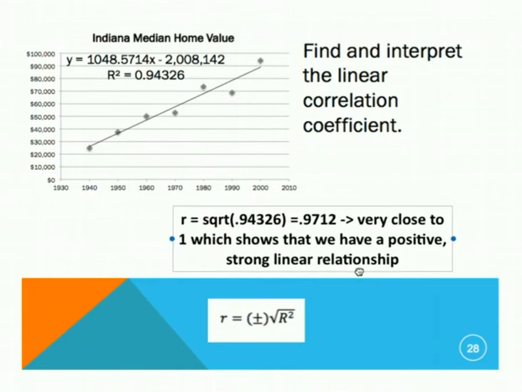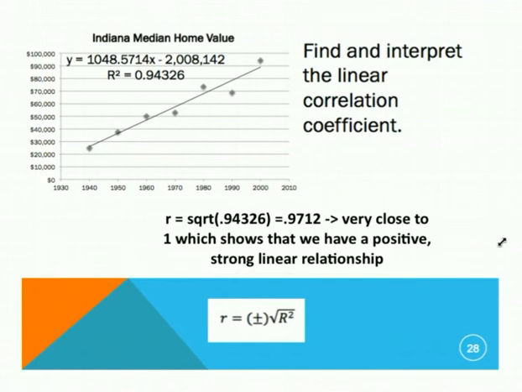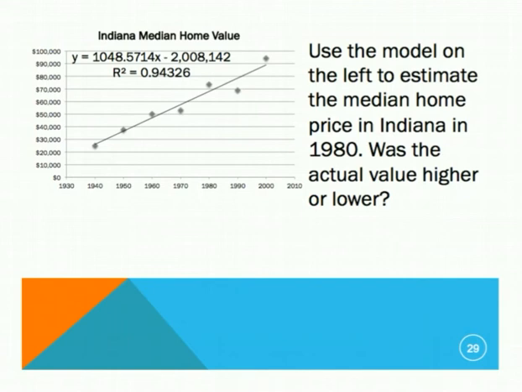So if your value is pretty close to 1, that is going to tell you that you have a strong relationship. And since it is a positive relationship, I'm going to go ahead and put that there. If you had a value that was close to -1, that would show that you have a strong negative linear relationship.